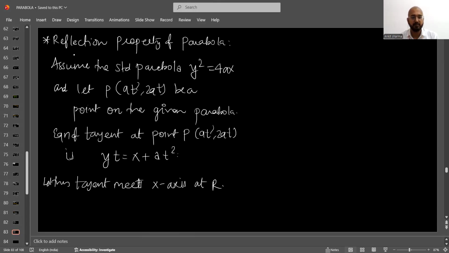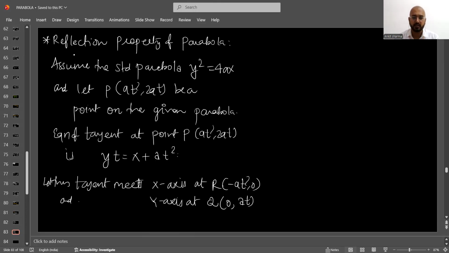Let this tangent meet the x-axis at R and the y-axis at, say, Q. For R, we put y equal to 0, so the coordinates of R are minus at square comma 0. And for Q, we set x equal to 0, so we get Q as 0 comma at.